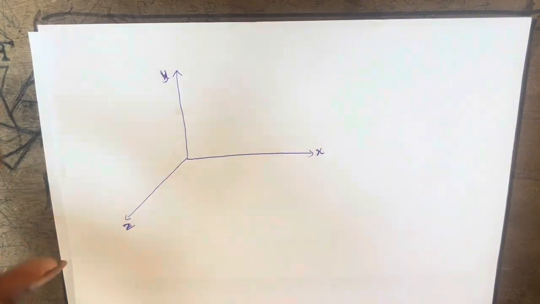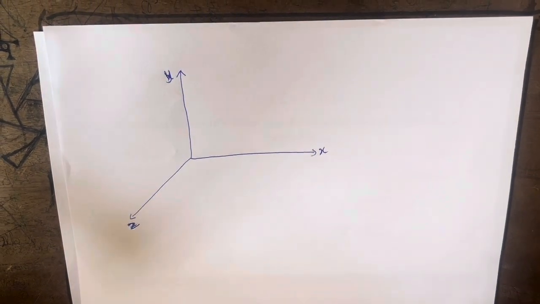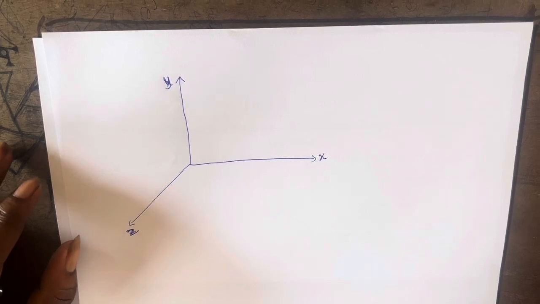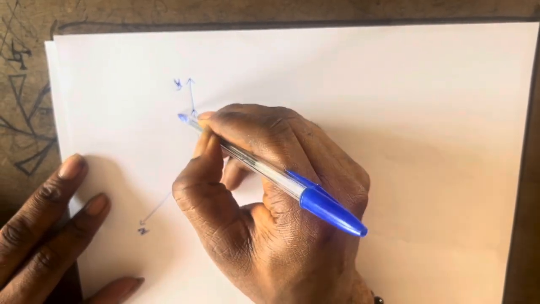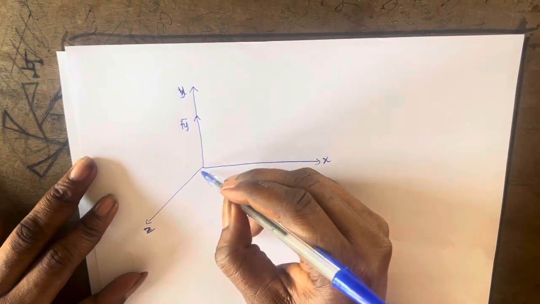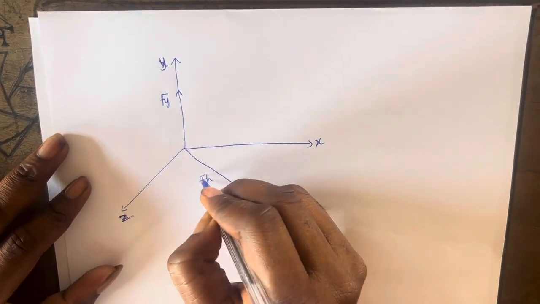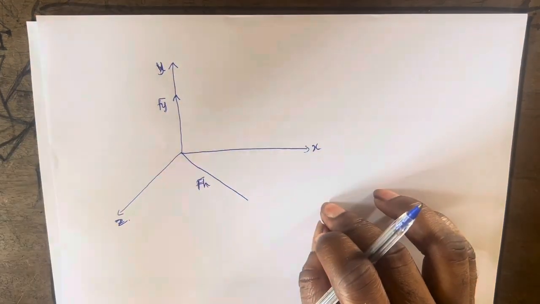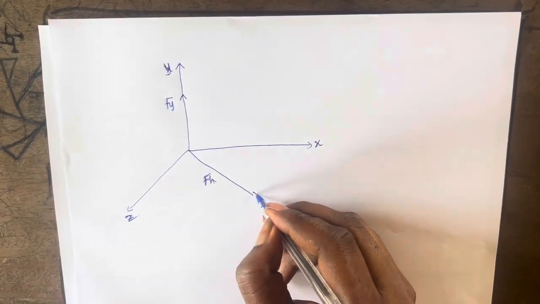When we have all three at work, we are getting the spatial realm. So we want to look at a force acting along the y-axis, that is force Fy, and the force acting between the x and z plane, which we call force Fh.